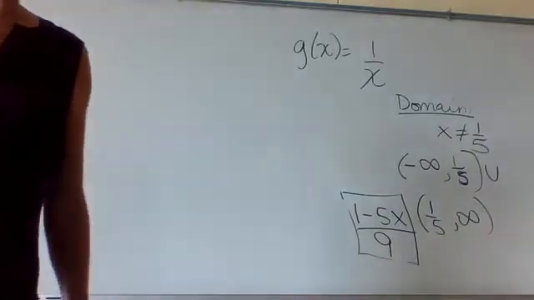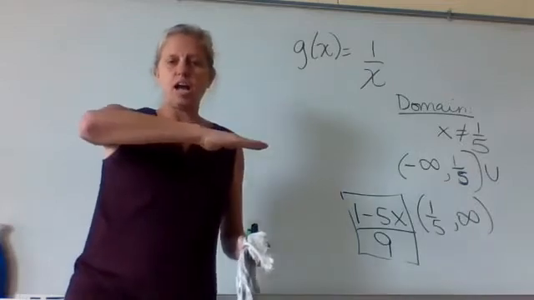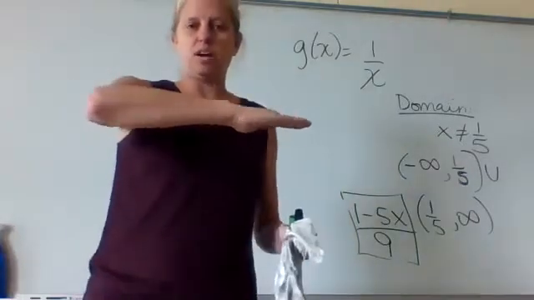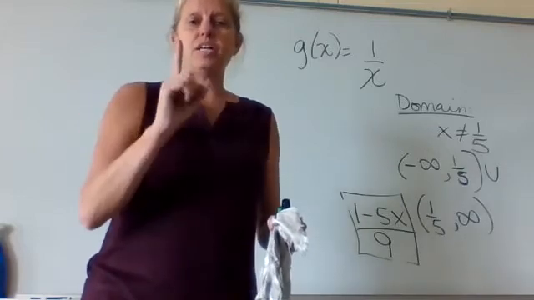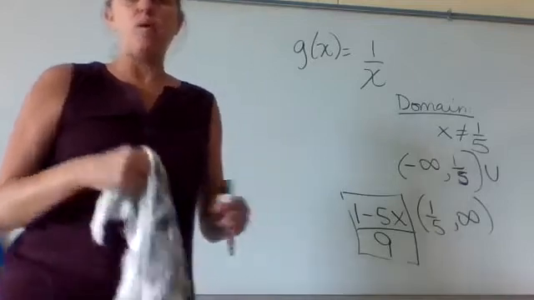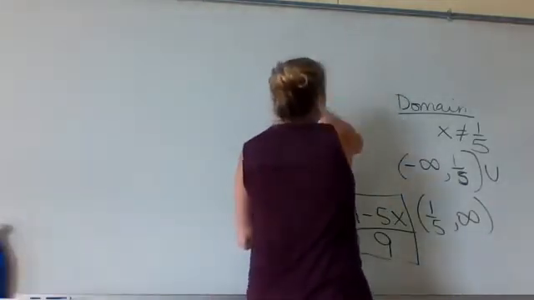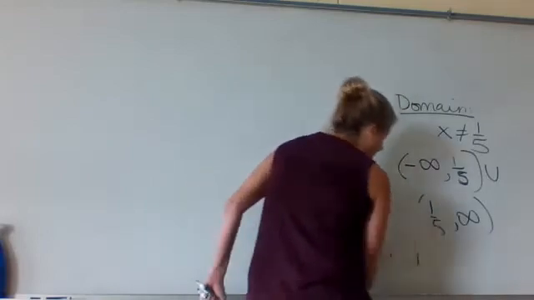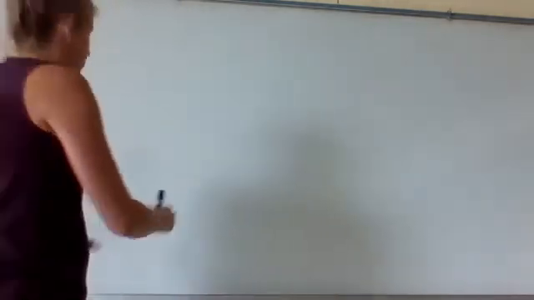What the horizontal line test says is if you can draw a horizontal line, which is the one that goes straight left to right, and only touch the graph once, then your function is a one-to-one function, and it'll have an inverse. So let's look at what the graph on number 18 looks like and see if it's one-to-one.